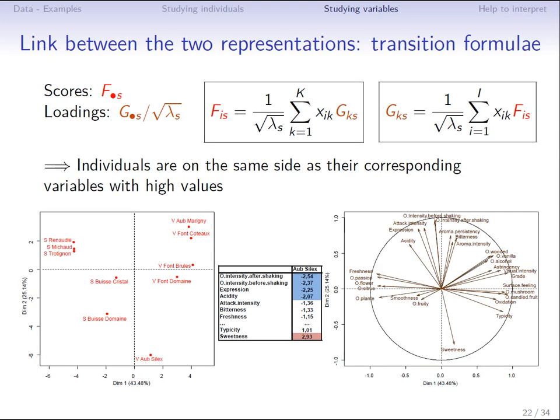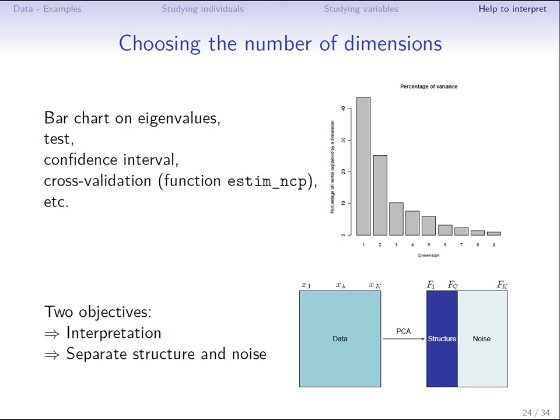These percentages of inertia are given on the graphs of the individuals and on the graph of the variables. This is what is written here, 43% of the information on the first axis and 25% on the second axis. So initially there were 27 variables, and I summarize with 2 dimensions, and I get 68% of the information. So I have a very good summary of the 27 variables.